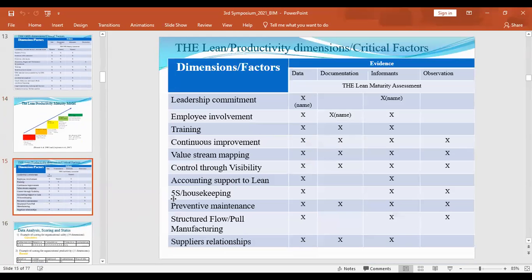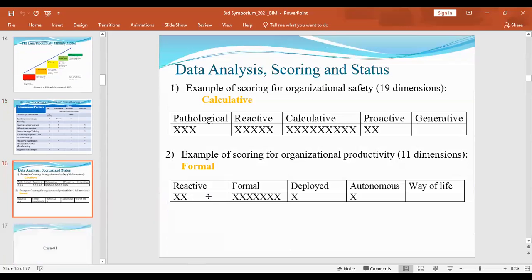This also considers dimensions by factor: leadership commitment, employee involvement, training, continuous improvement, value stream mapping, control through visibility, accounting support to lead, 5S housekeeping, preventive maintenance, structure flow of maintenance, supply relationship.